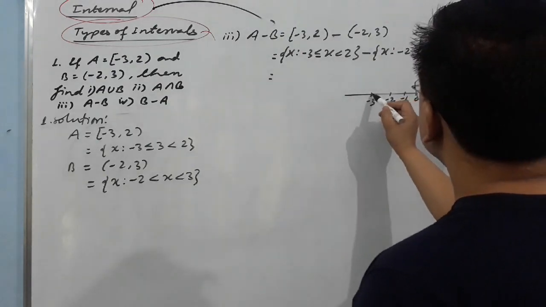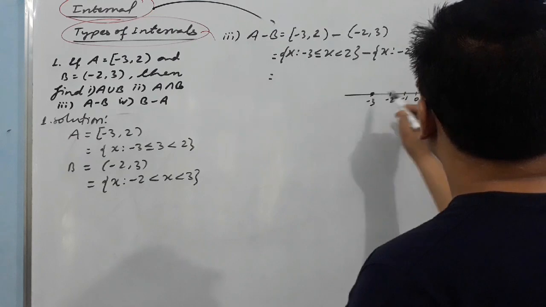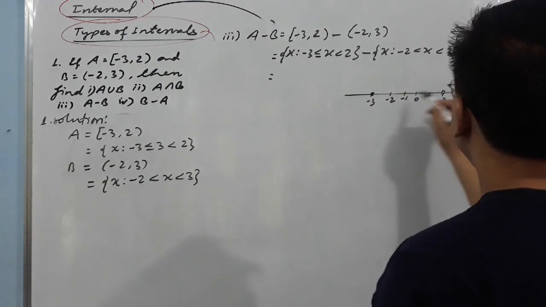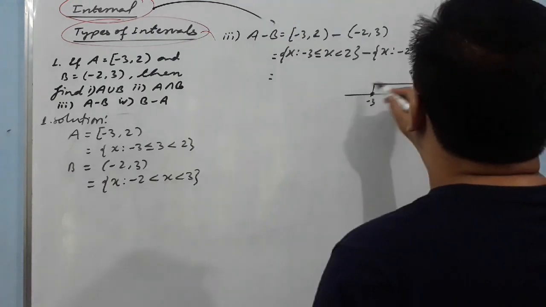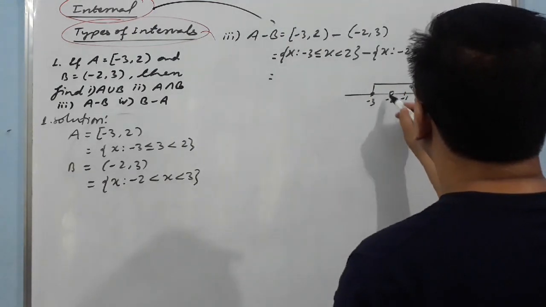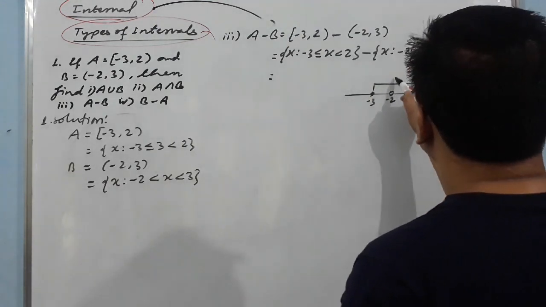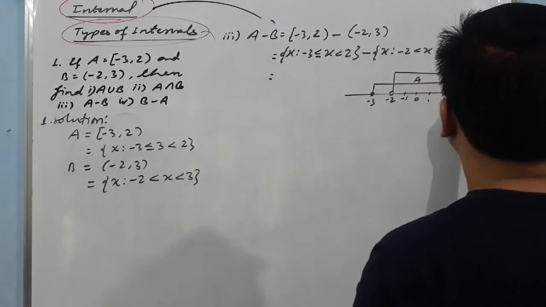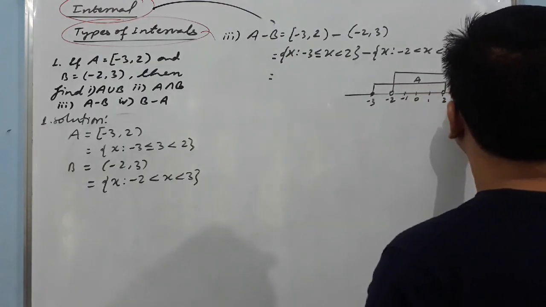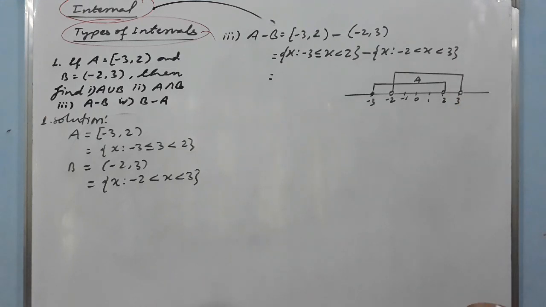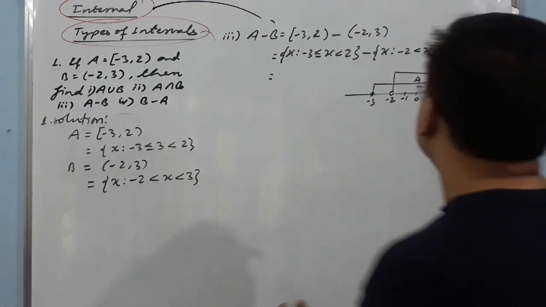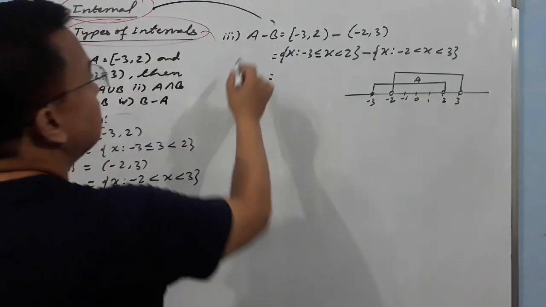I'm drawing for A interval, this one dark, and here an empty circle. This is your left closed interval A, and B is this one, and here also an empty circle, right? Now we have to find A minus B.